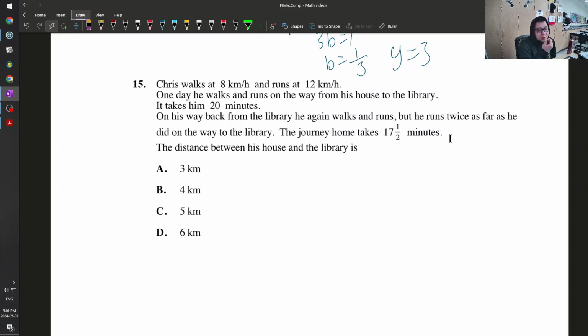So the first thing that I am thinking to do is just convert everything into either meters per minute or convert minutes into hours. So 20 minutes is equal to... it's twice as far.